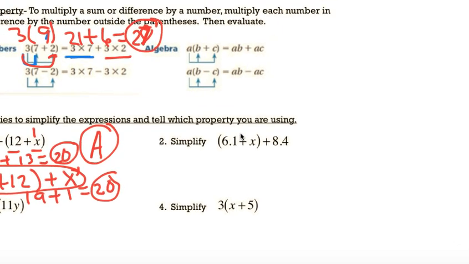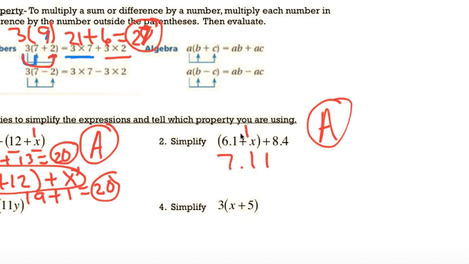Again, I see 3 numbers or variables, and I see parentheses. I'm thinking it's probably going to be associative again. So in the first problem, we have the 6.1 associating with x. If I plug in 1 for x, if I add those together, 6.1 plus 1, it would be 7.1.